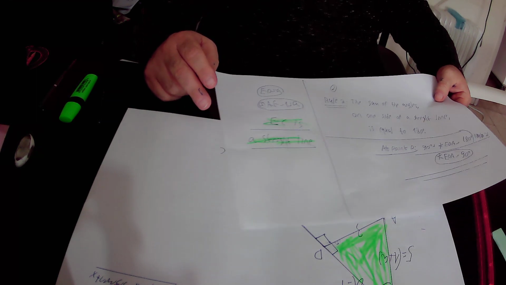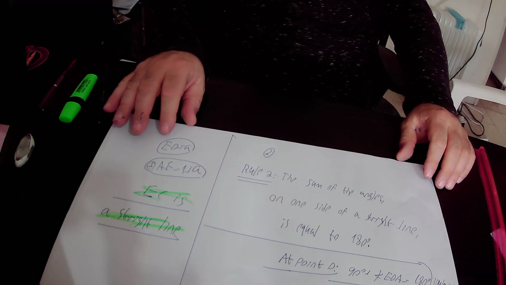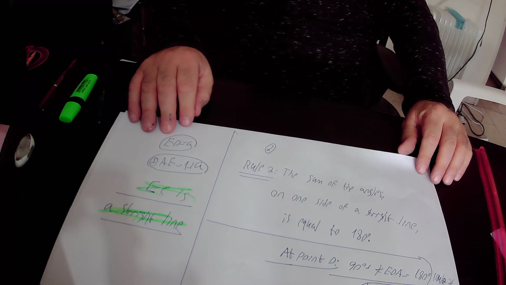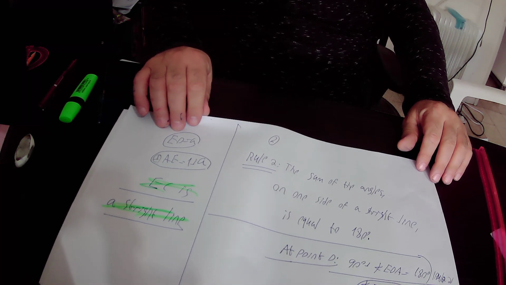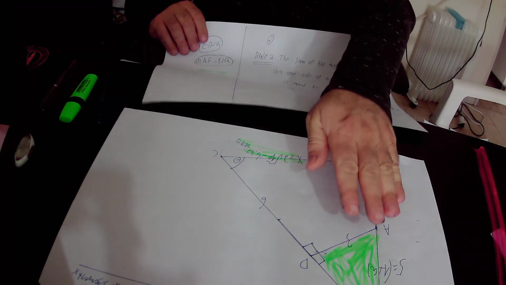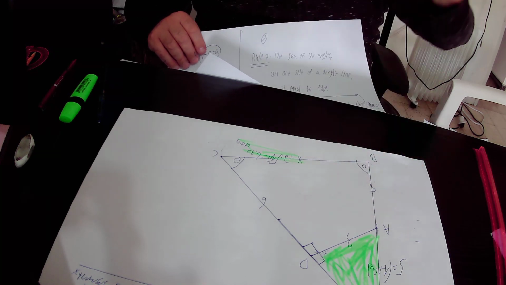Then we have rule number 2. According to rule number 2, the sum of the angles on one side of a straight line is equal to 180 degrees. If we focus on this side of the straight line EC at point D, the angles here must sum to 180 degrees.